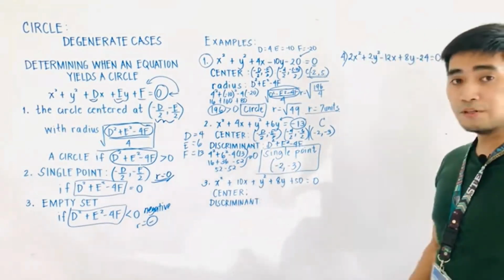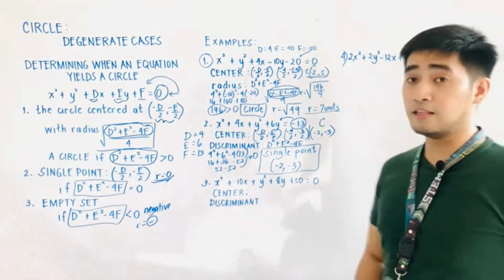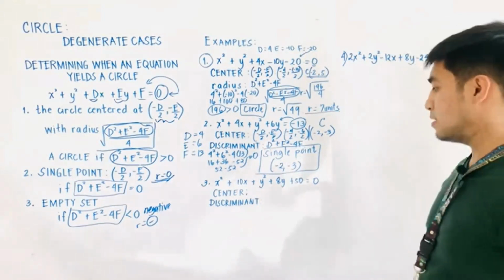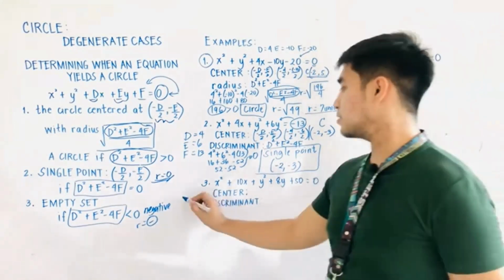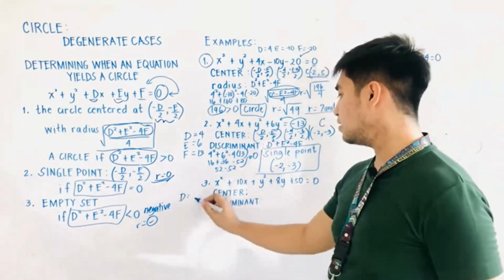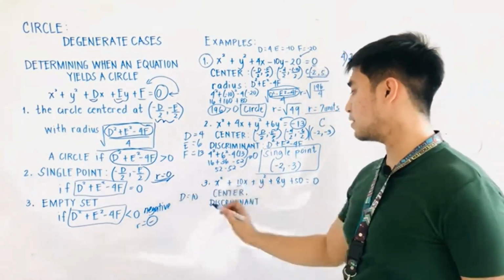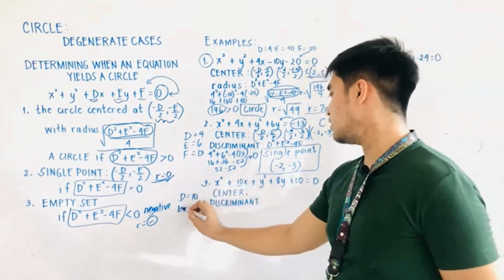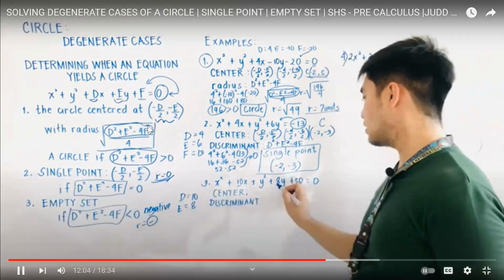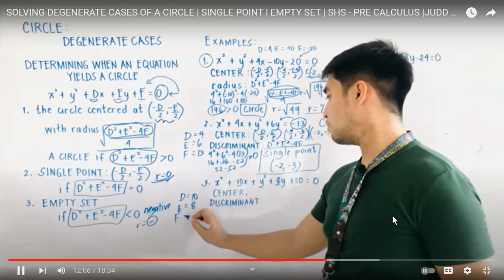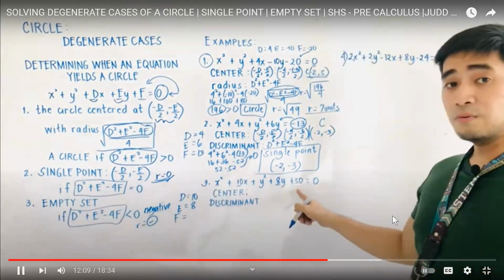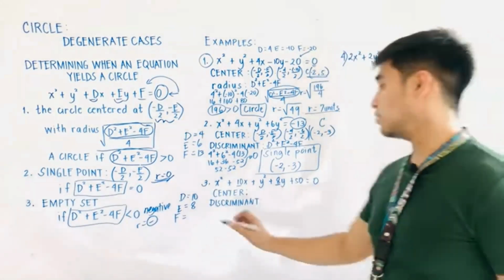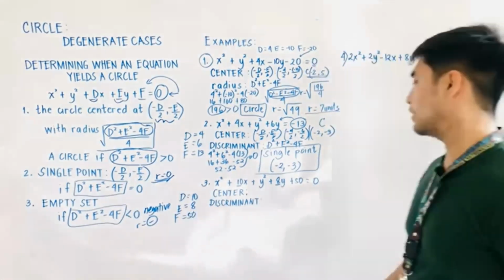So we have x squared plus 10x plus y squared plus 8y plus 50 is equal to 0. Okay, so let us try to get the value of d. D is equal to 10, since that is the coefficient of x. E is equal to 8, since that is the coefficient of y. And f now is the constant. And since we now have the constant on the left side, we'll be having 50 for that one.